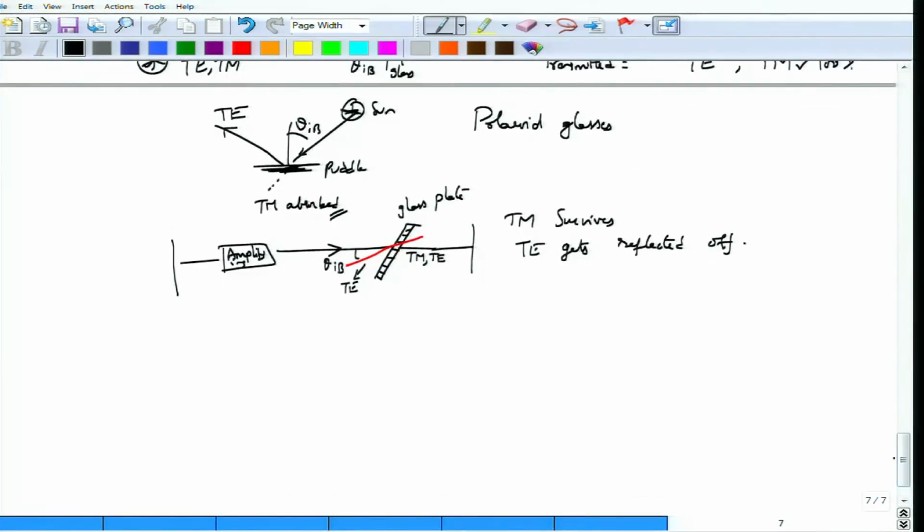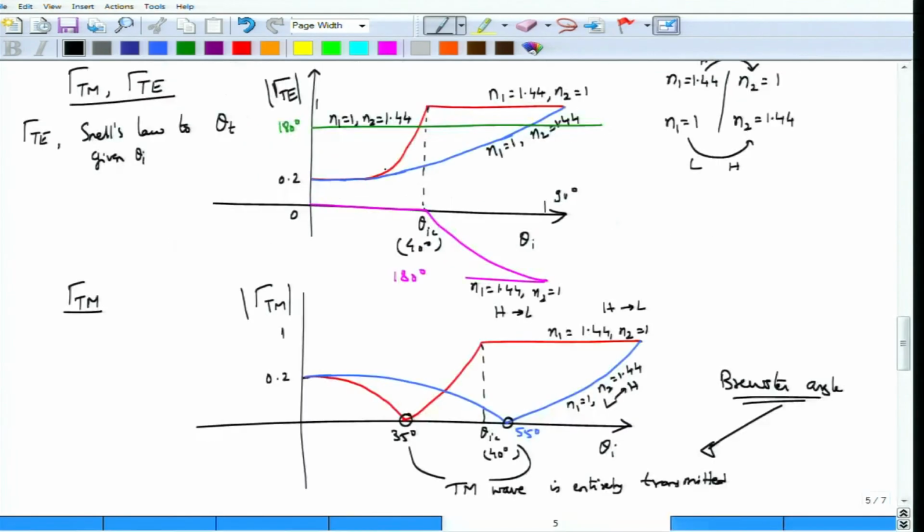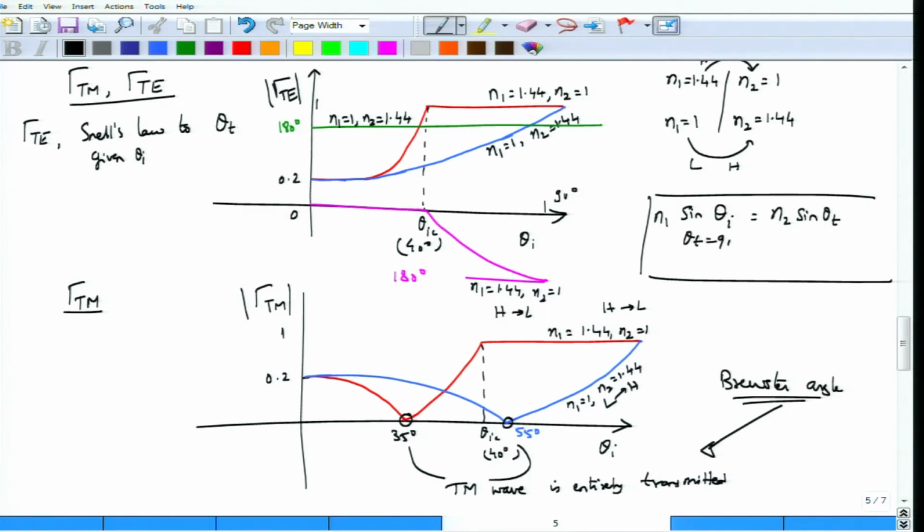These are two applications that you would normally come across. Now to briefly mention what is really happening with the critical angle. We have the expression for refractive index and the angle of incidence and transmission. When you have an angle theta I such that the angle theta t is equal to 90 degrees, this is at a critical angle.